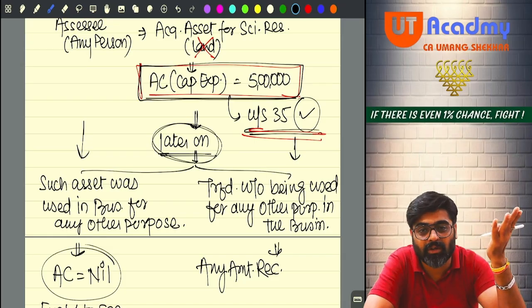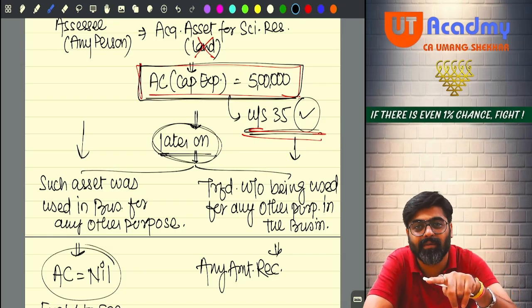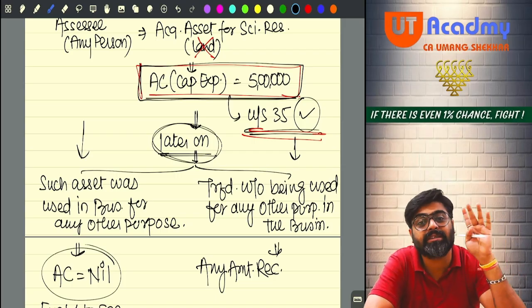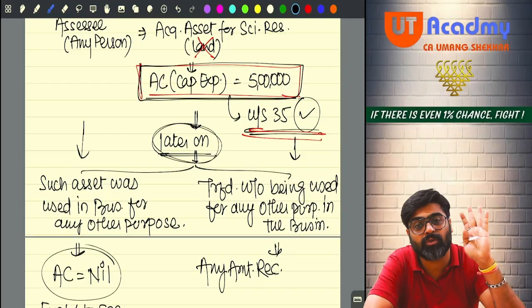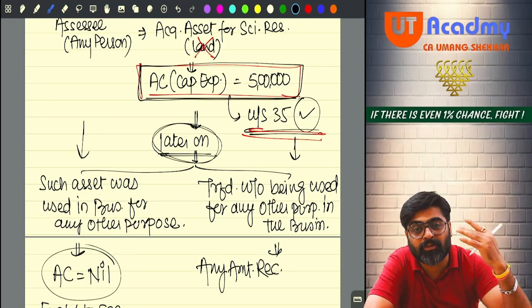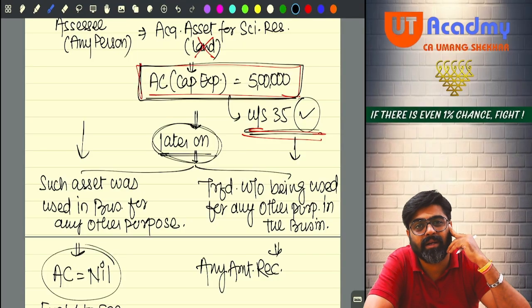Because that 80,000 was not allowed under PGBP. How much was allowed? 5 lakh. So recovery to the extent of that 5 lakhs, selling price to the extent of that 5 lakhs only, will be treated as deemed PGBP. Any selling price over and above that will be treated as what? Capital gains. Will you remember this?